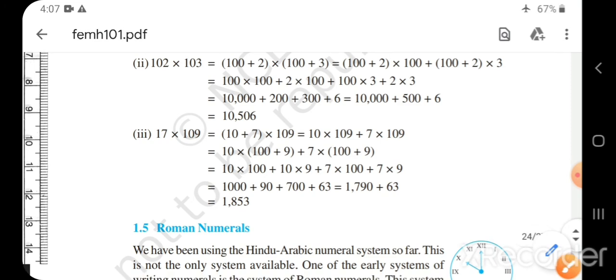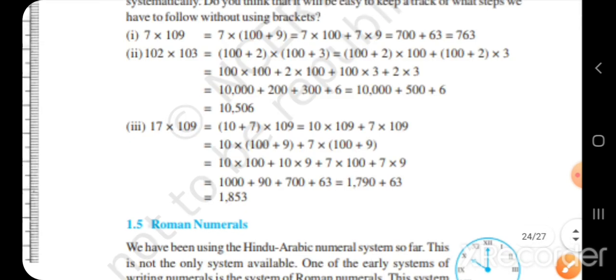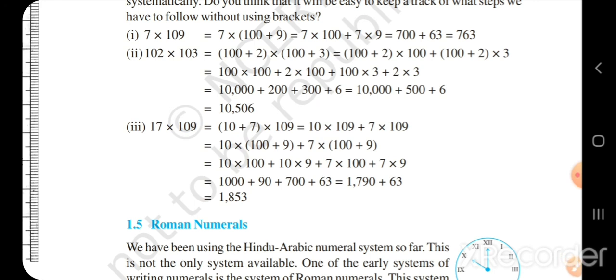Now 10 into 109 means 100 plus 9, and 7 into 100 plus 9. So 10 into 100 plus 10 into 9 plus 7 into 100 plus 7 into 9. So 10 into 100 is 1000 and 10 into 9 is 90. Then 7 into 100 is 700, plus 7 into 9 is 63.